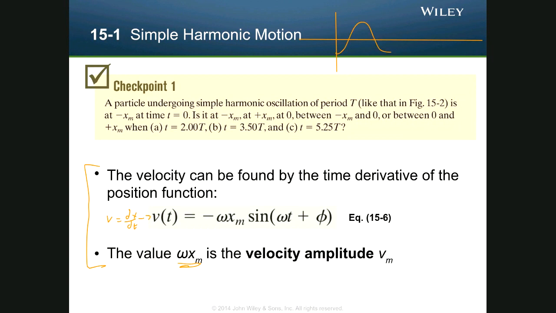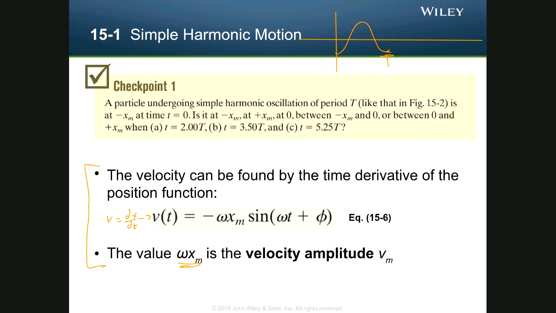And then let's call that the period, that's T, that's 1.0 T. So what positions will we be at for 2T, 3.5T, and 5.25T?